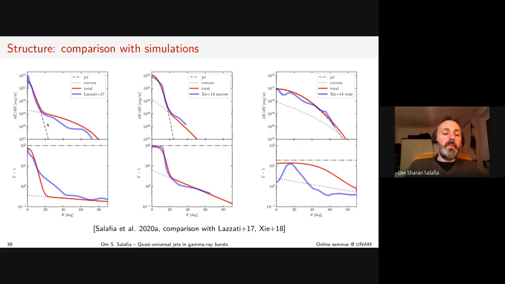And the model does reproduce quite well the angular distribution of energy, and decently the distribution of the Lorentz factor, the average Lorentz factor of the material in the jet after breakout. And so this is to some extent successful in reproducing a selected number of simulations, those which we had enough information on to be able to try to reproduce them.